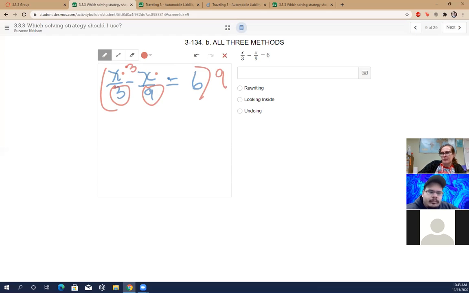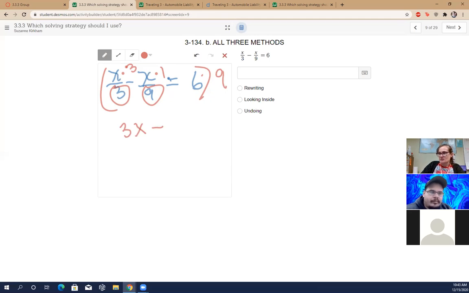We would say we're multiplying it by 1. And then the third one, it doesn't have anything on the bottom, so we have to multiply the whole thing by 9.